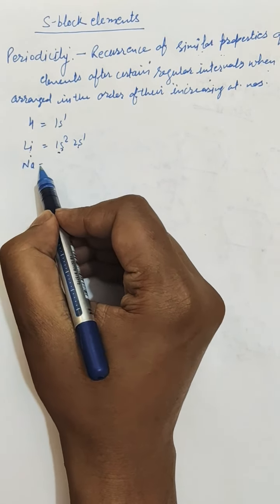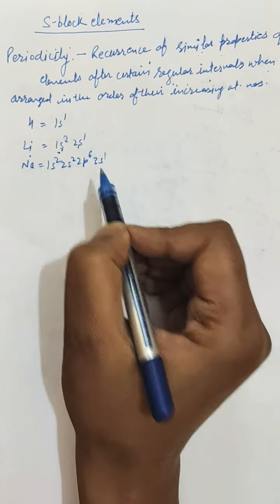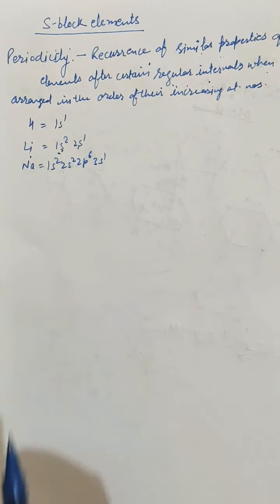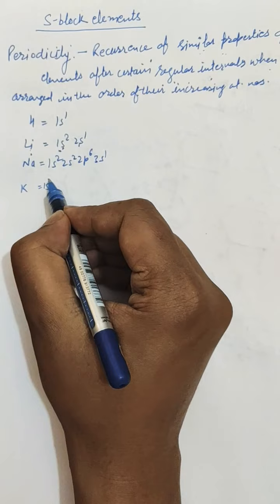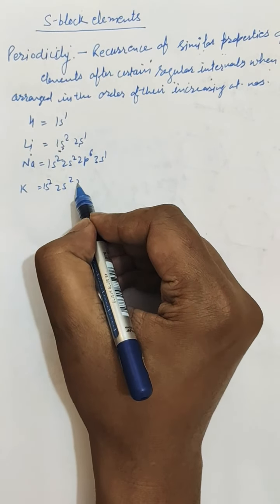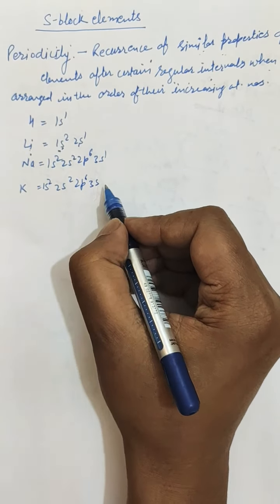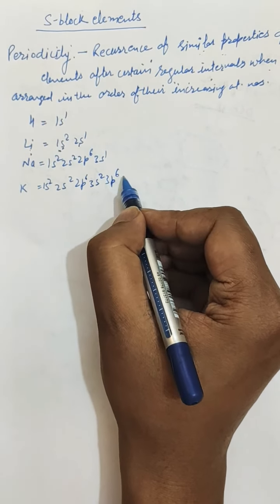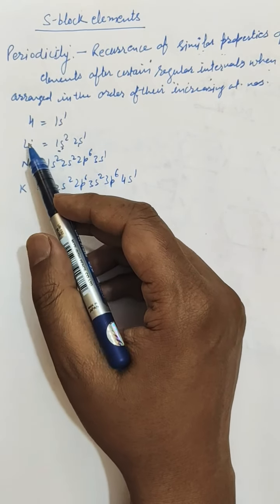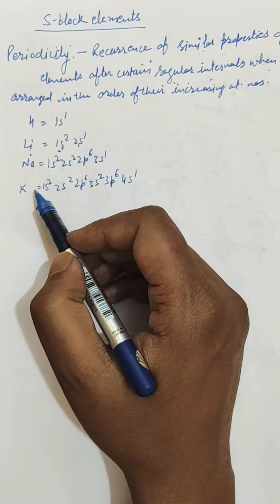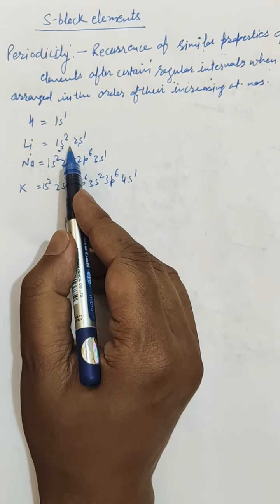Next is sodium. For sodium we write 1s2 2s2 2p6 3s1. In the case of potassium it is 1s2 2s2 2p6 3s2 3p6 4s1. After potassium come rubidium, then cesium, then francium. All these elements have something similar.